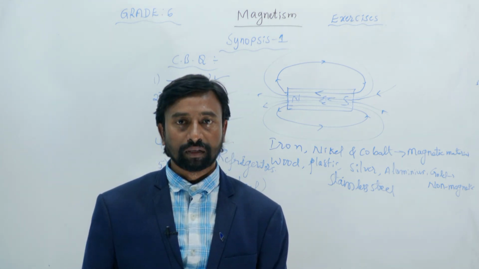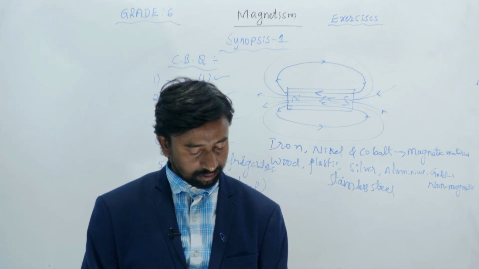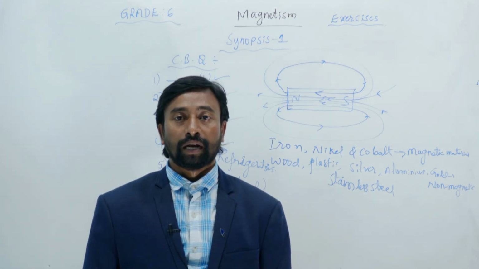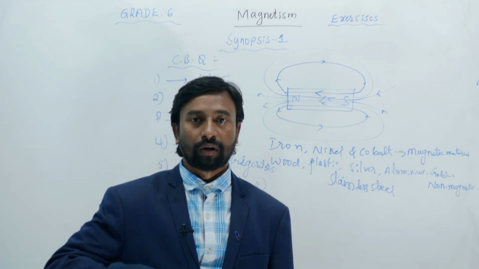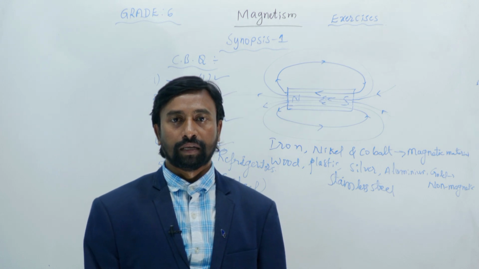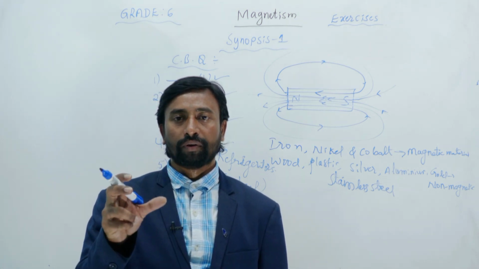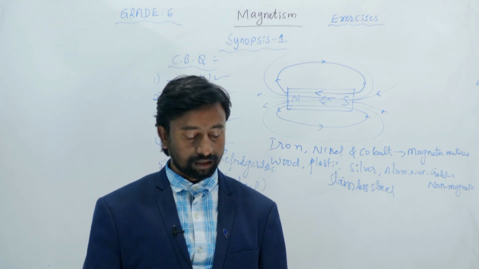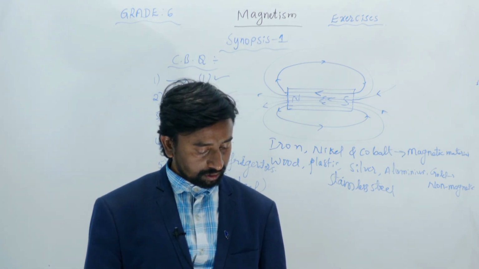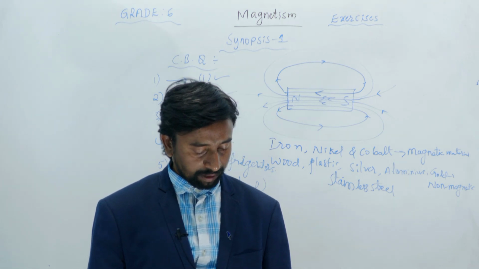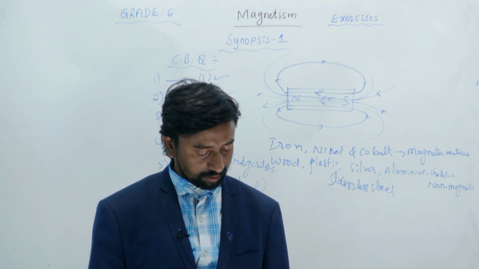Generally, we use copper to prepare electromagnets. If a copper coil is wound over an iron material and the two ends of the copper wire are connected to an electrical cell, then it will act like a magnet.